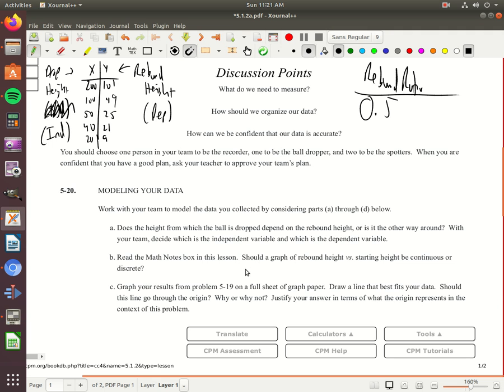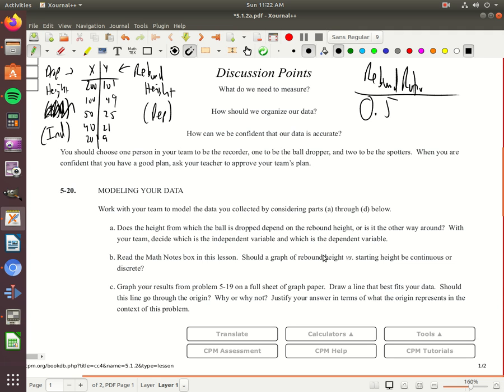Read the math notes in this lesson. Should a graph of rebound height versus starting height be continuous or discrete? We've already talked a little bit about continuous versus discrete. Continuous essentially means that we can connect the dots, and discrete means that we can't connect the dots.